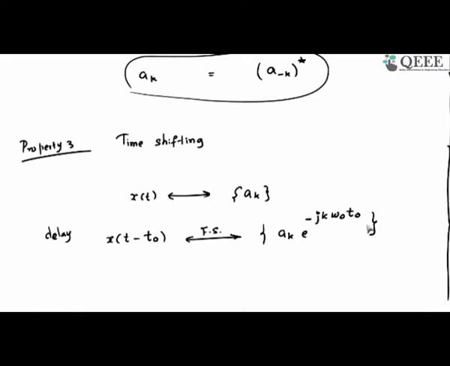So if I know the Fourier series coefficients for a signal x of t, then the Fourier series coefficients for a delayed signal, x of t minus t naught, which is nothing but the delayed version of x of t, are obtained simply by taking the original Fourier series coefficients a k and multiplying by this complex phase, e power minus j k omega naught t naught. This is a phase shift.